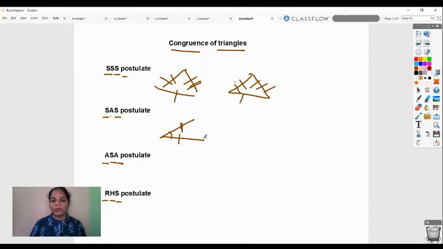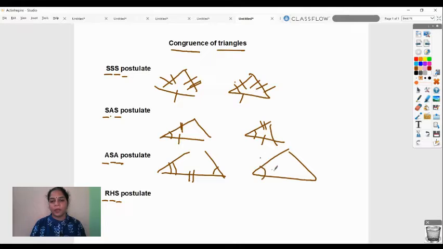If such a scenario is there, then also two triangles are said to be congruent. The third one is if two angles are equal and the side between them is equal, then also the two triangles are congruent.